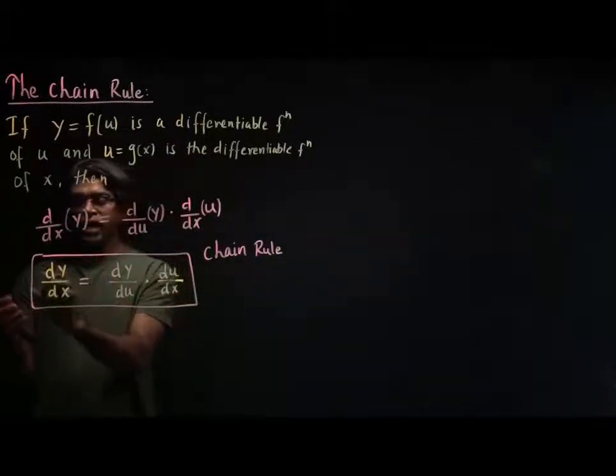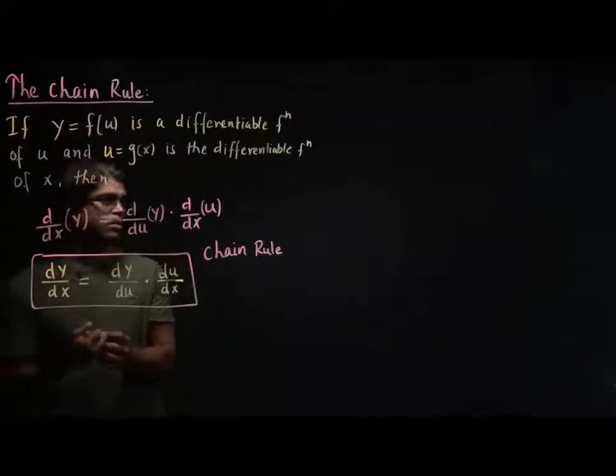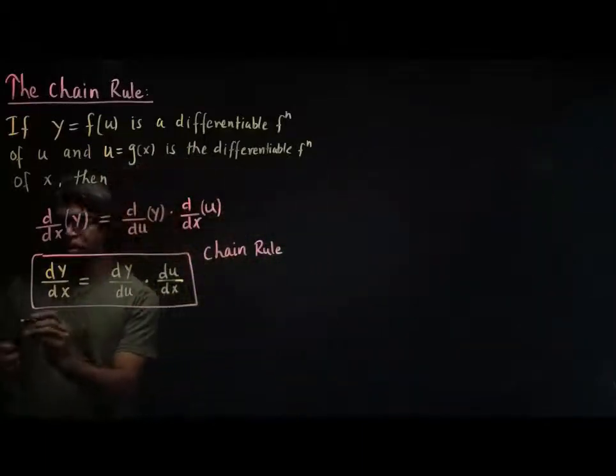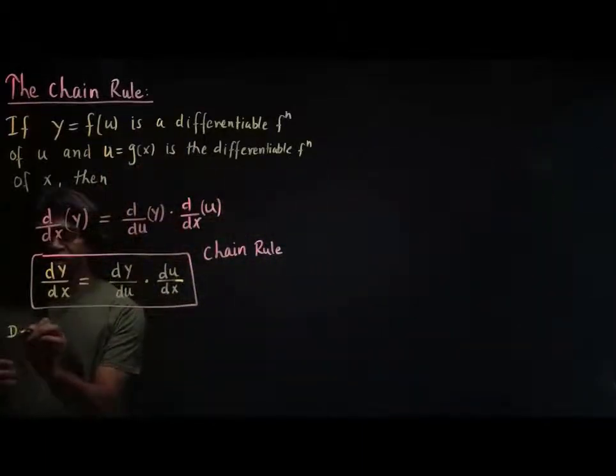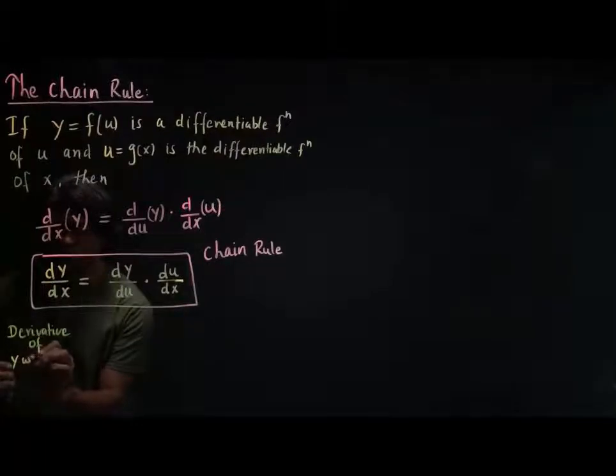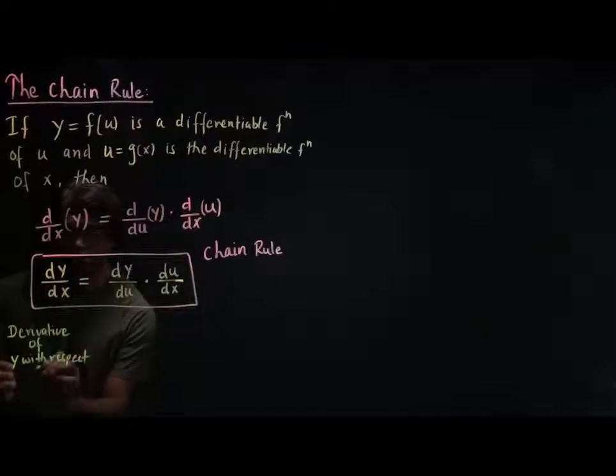If you look at the first term, that is dy over dx. So basically we are finding the derivative of y with respect to x, right?